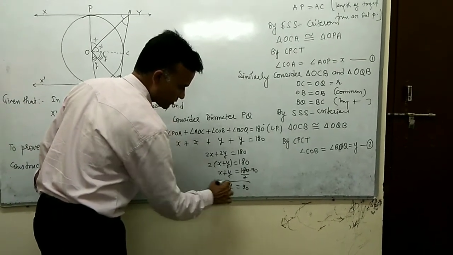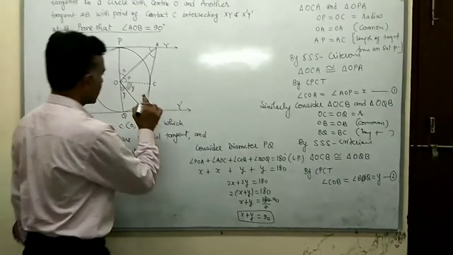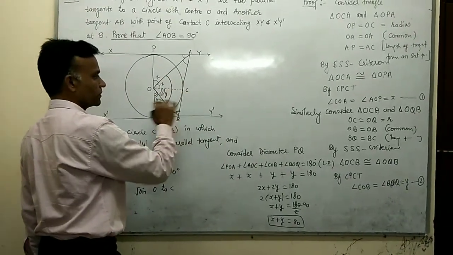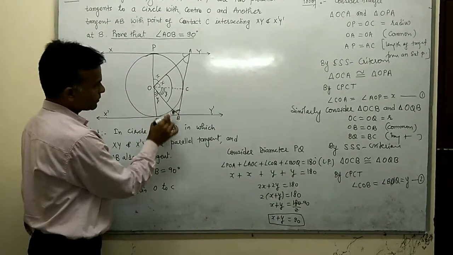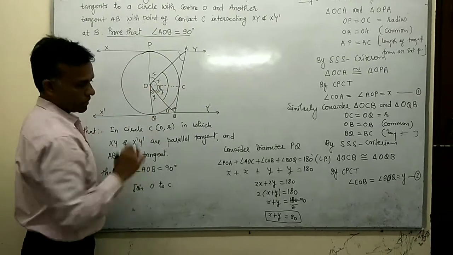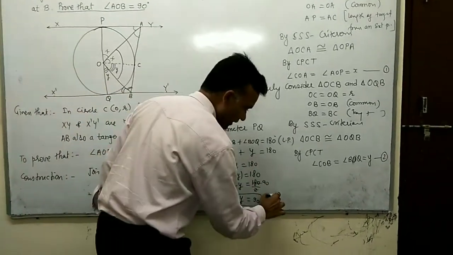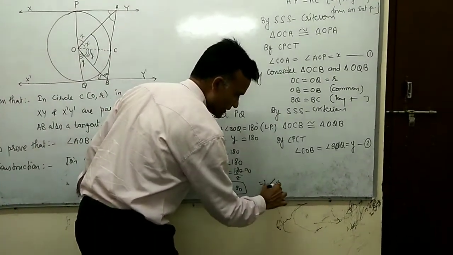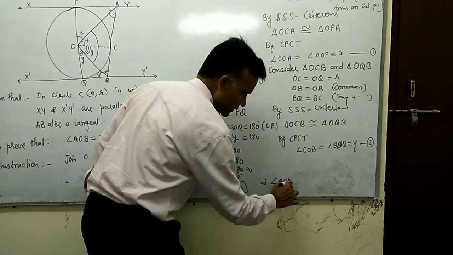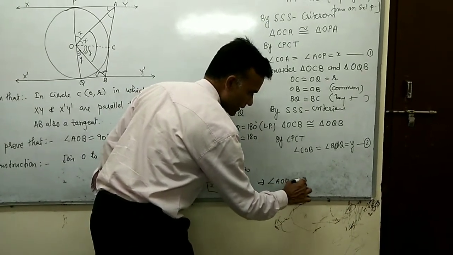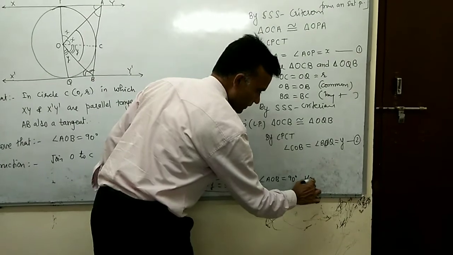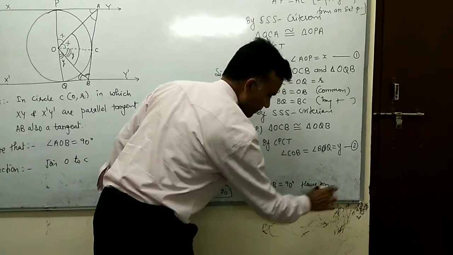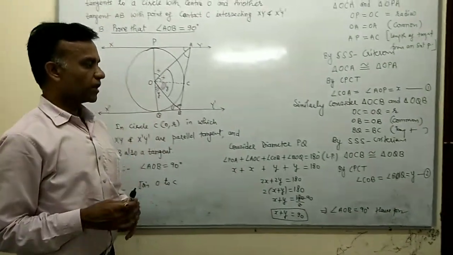And now what is x plus y here? If you add x plus y, then this angle is formed. This is the angle AOB. So you can write angle AOB equals x plus y, which means angle AOB is 90 degrees. Hence proved. So there are two concepts we use here.